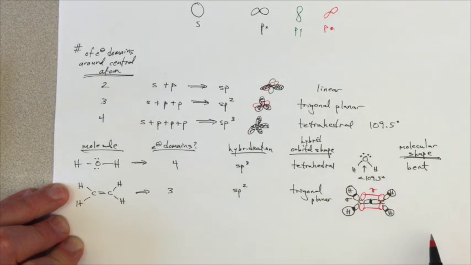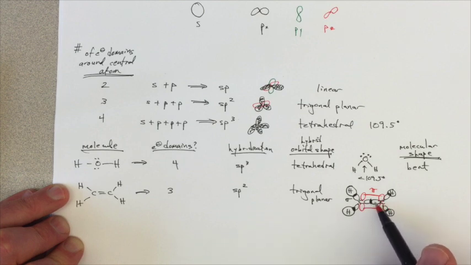So if we look at ethylene, we can see that through the hybrid orbitals between the central carbons and the s orbitals of the hydrogens, we have direct overlap, or sigma bonds. We also have a sigma bond between the two carbons, between their sp2 orbitals, and then this extra p orbital allows for a pi bond to occur.